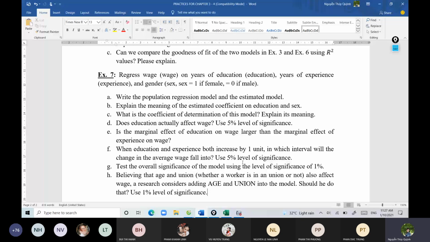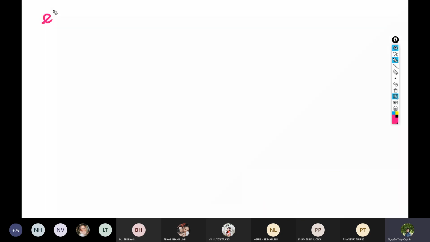For question E, the question says that the marginal effect of education is larger than the marginal effect of experience on wage. So the alternative hypothesis is that beta 1 is larger than beta 2, and the null hypothesis is that beta 1 is equal to beta 2.